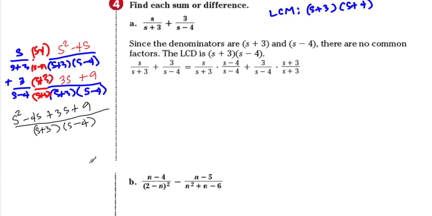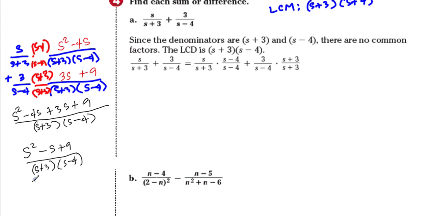And if we simplify that, you now have s squared minus s plus 9 all over s plus 3 times s minus 4. If you notice, you cannot factor s squared minus s plus 9, because that's a prime polynomial, and this is our simplest form.